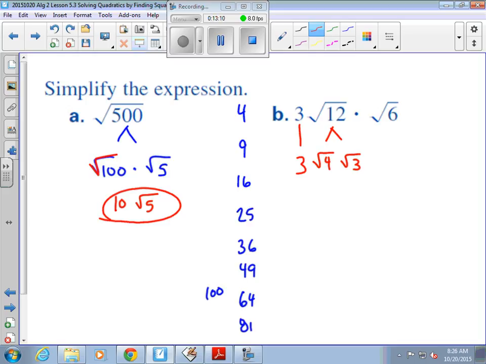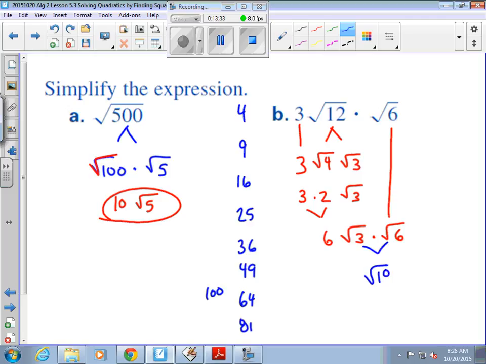So 3 times the square root of 4 becomes 3 times 2 times the square root of 3, which when you put these two together is 6 times the square root of 3. Don't forget to bring this down, times the square root of 6. So now you put them together. The square root of 3 times the square root of 6 is the square root of 18.